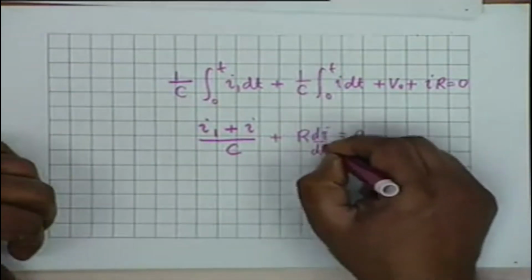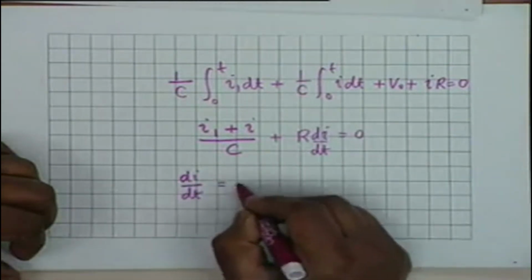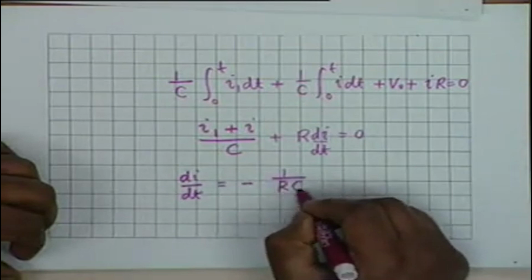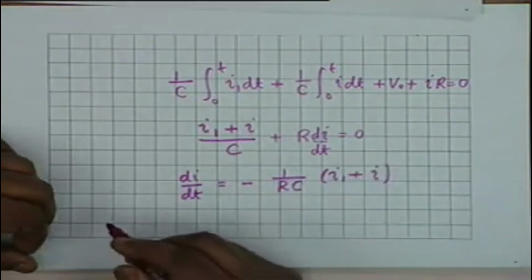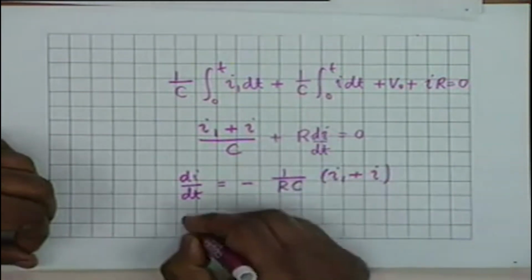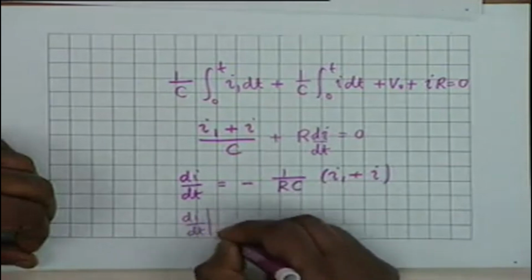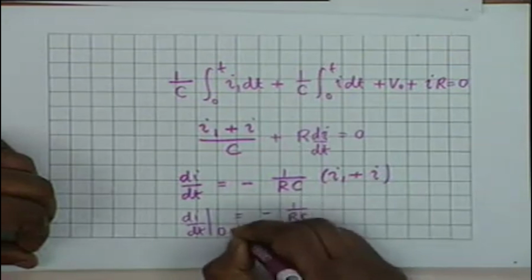Thank you. And therefore di dt is equal to minus 1 over RC times I1 plus I. Is that clear? Now at t equal to 0 plus, di dt at t equal to 0 plus is equal to minus 1 over RC.